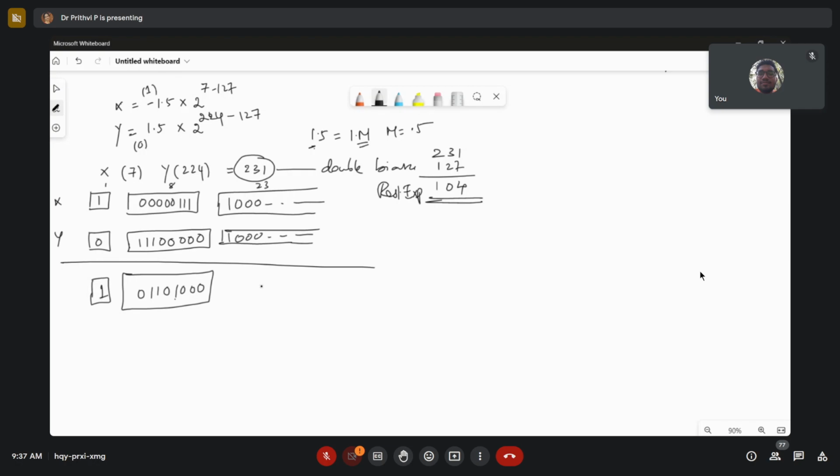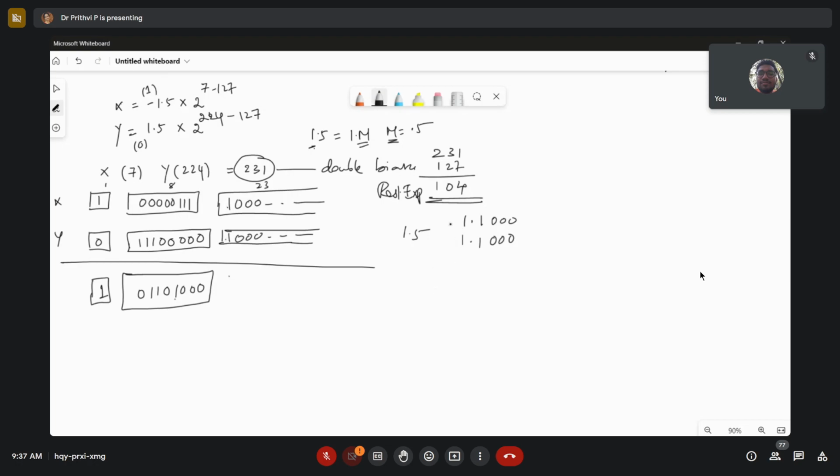Okay. Now mantissa, if you take, your mantissa is 0.5, m is 0.5 and the complete value what we are taking is 1.5. Okay, so 1.5 means this representation here in your binary format is 1.1 followed with zeros, and 1.1 followed with the other zeros. Here hidden bit we are taking.